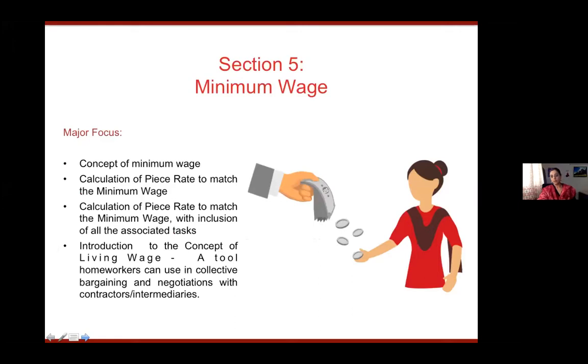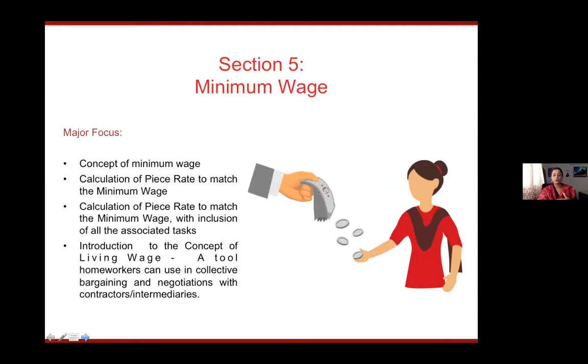The fifth chapter, and this chapter was the most popular chapter with our workers, is about minimum wages. Here we've tried to introduce the concept of minimum wages, as well as during our training, we actually taught them how to calculate minimum wages, calculate piece rate to match the minimum wage.